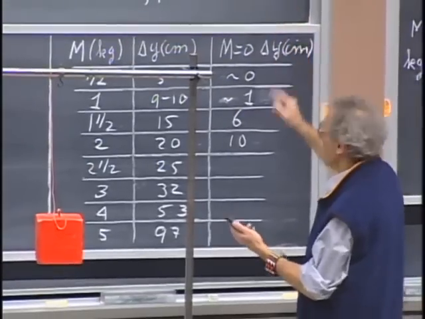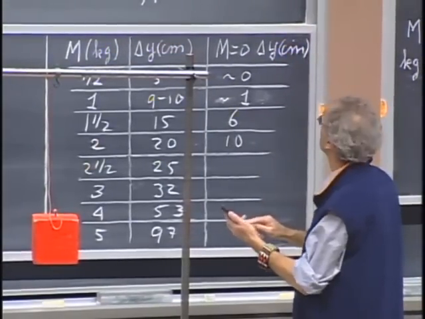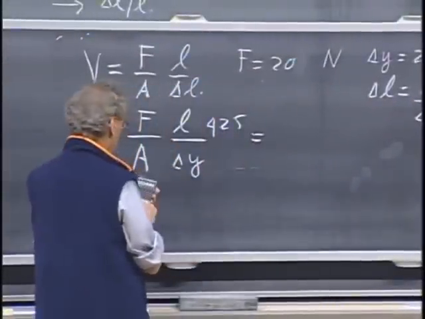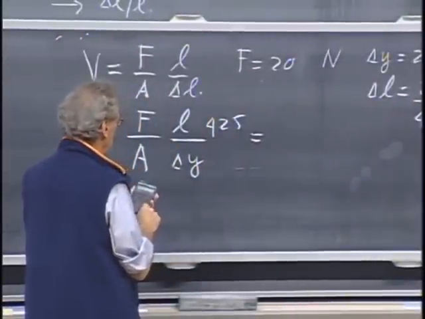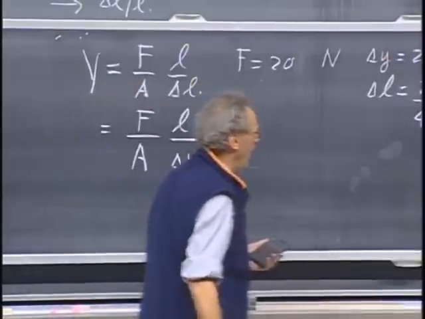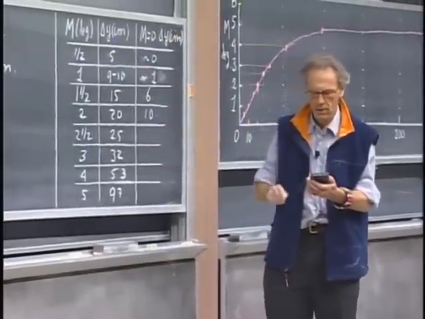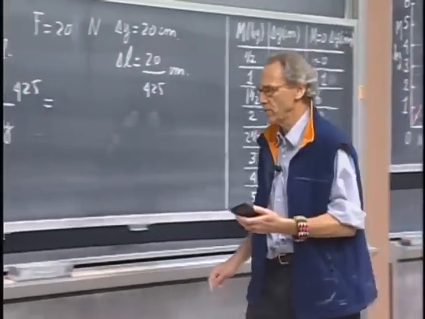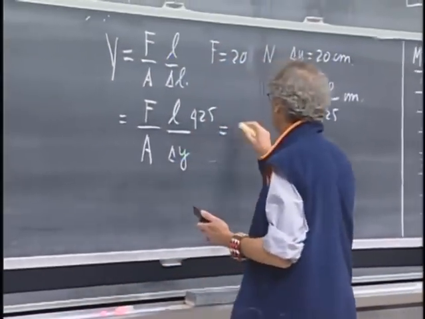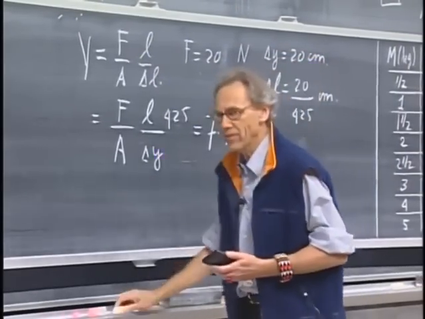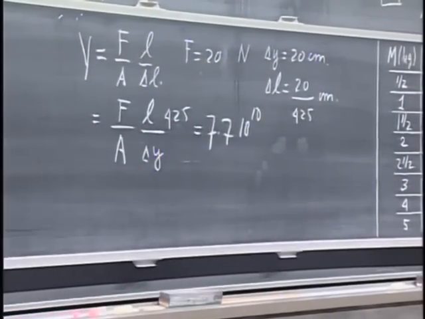I multiply by the length, which is 0.36. I multiply by 425. And I divide by delta Y, but I need delta Y in meters, so that's 0.2. And I get 7.7 times 10 to the 10th. And that is not bad at all.